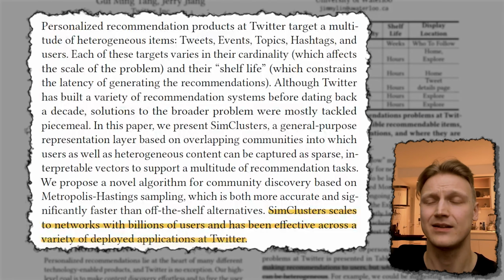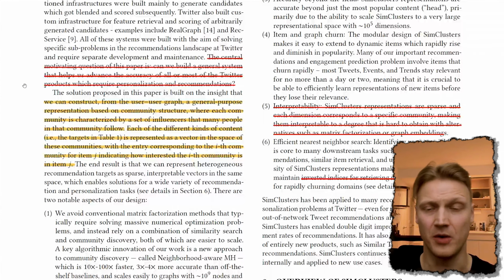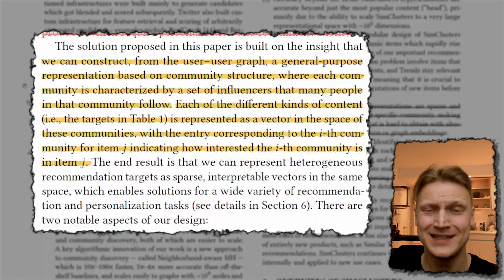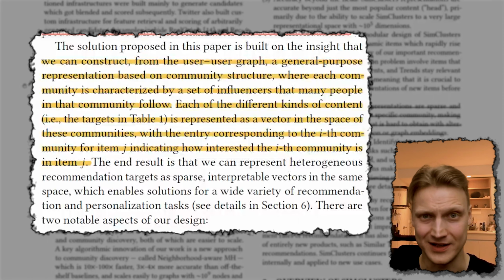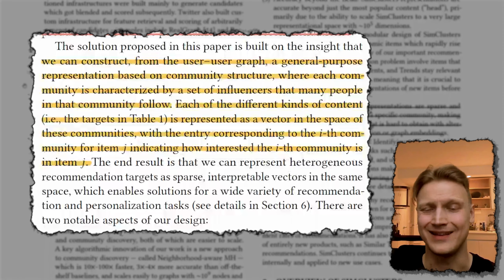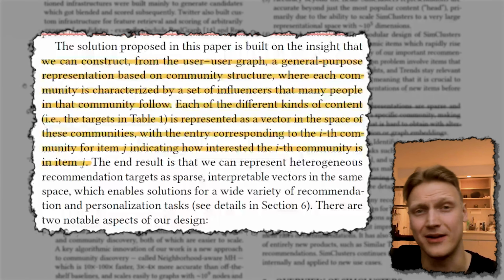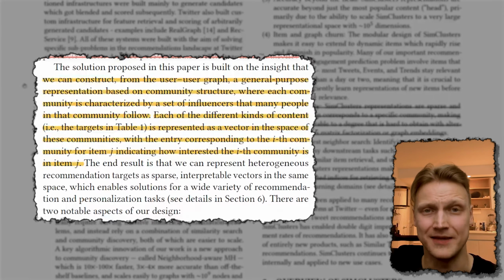The idea is to build a general purpose representation of a community from the user graph with vectors in the space representing those recommendation targets we just saw in the table that characterize the strength, or rather an interest, of a particular community in a specific target.